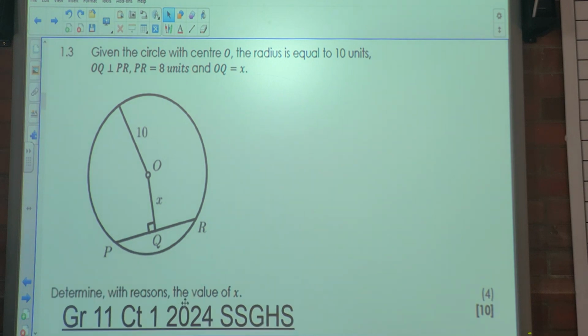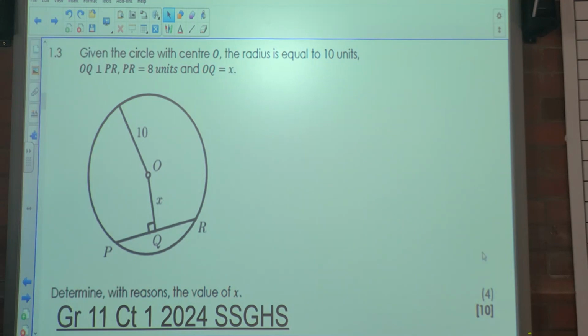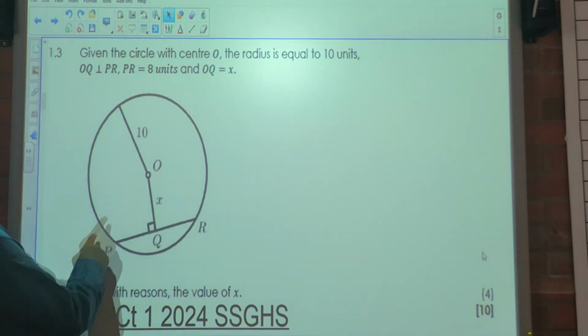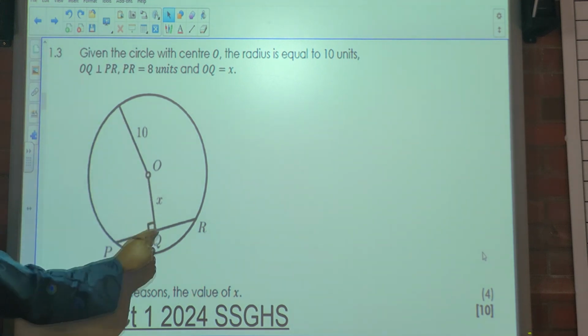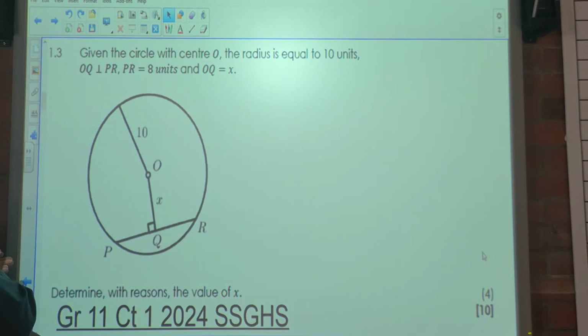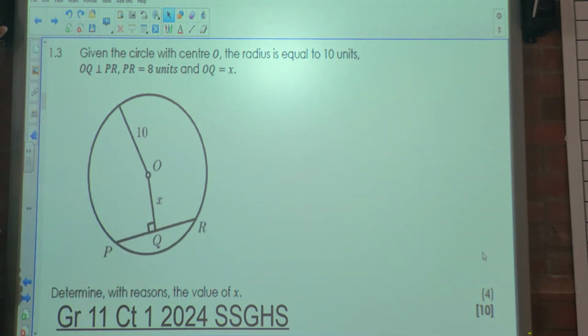Right. 1.3. Here we are given that the circle with center O has a radius equal to 10. Of course, that is not 10 here, because this line is not touching the circumference of the circle. We are told that OQ is perpendicular to PR. People, if OQ is perpendicular to PR, what do we know?